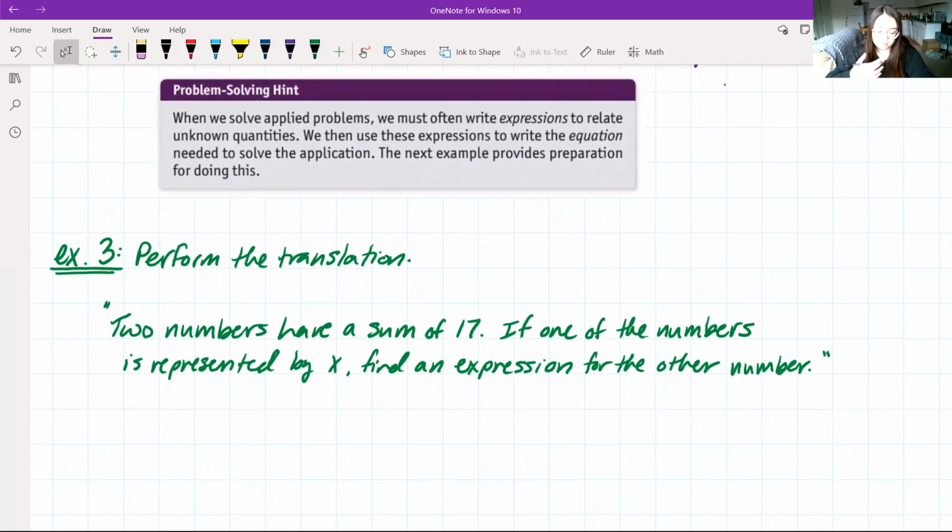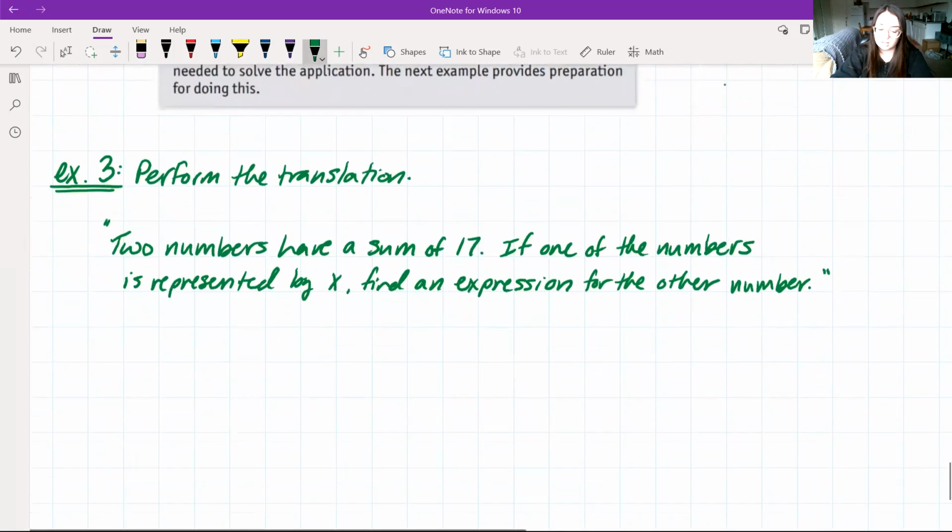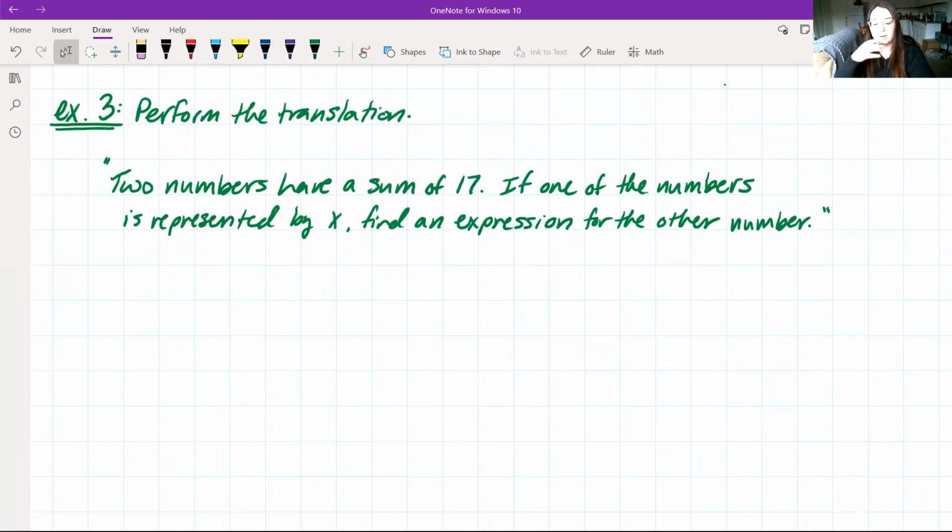So we have that two numbers have a sum of 17. If one of the numbers is represented by x, we want to find an expression for the other number. So whenever we have problems like this, let's just give x a value.